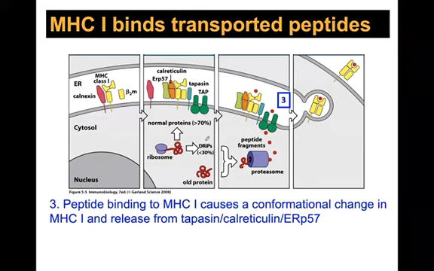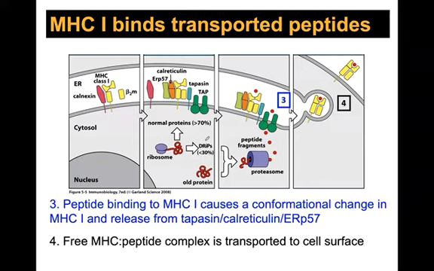It releases ERP57 and calreticulin, and it no longer binds to tapasin. And so the default pathway is that it's then transported to the cell surface. So there are 4 steps here. You synthesize it, you hold it open and put it next to the TAP, you transport the peptides that are degraded by the proteasome, and then it's released to the cell surface.